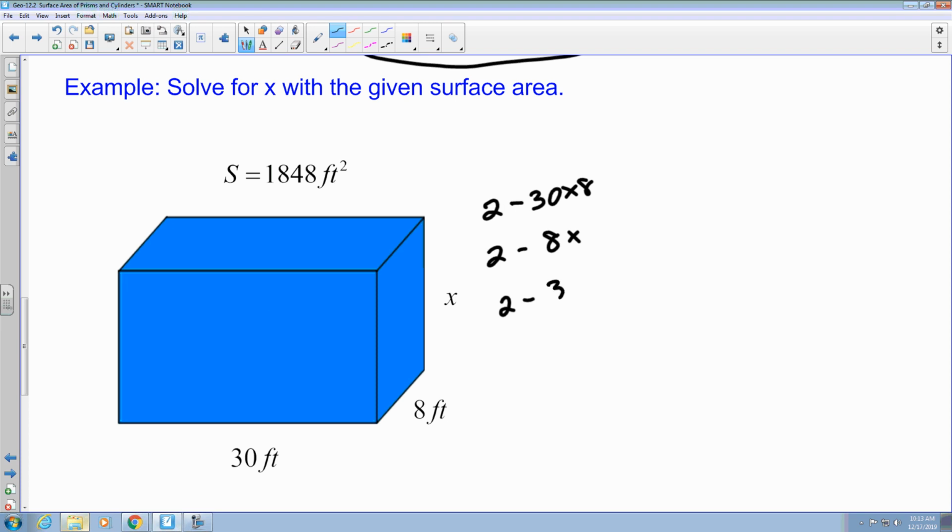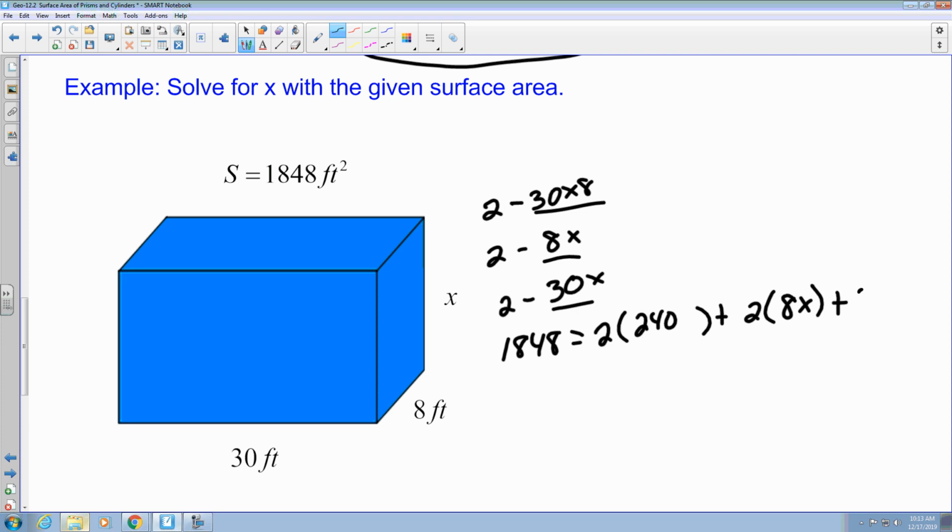So when we go about solving this one, again, we're going to have three separate addition problems. We're going to have the surface area, which in this case is 1848. It's going to be equal to 2 times the area of this one, so 30 times 8, which is 240, plus 2 times the area of this one, which is 8x, plus 2 times the area of this one, and that is 30x.